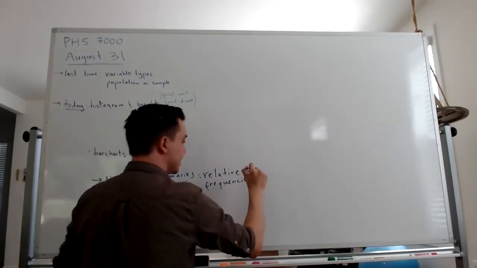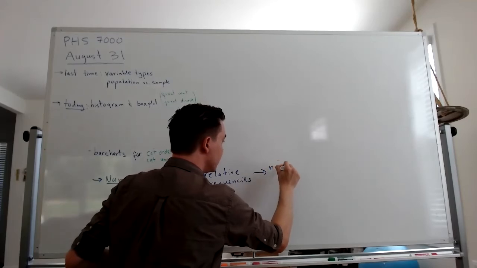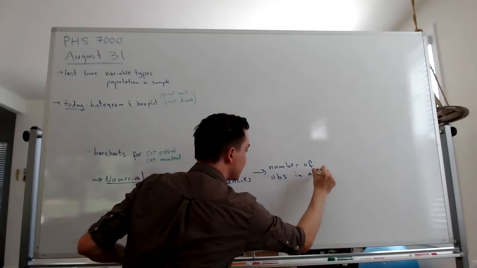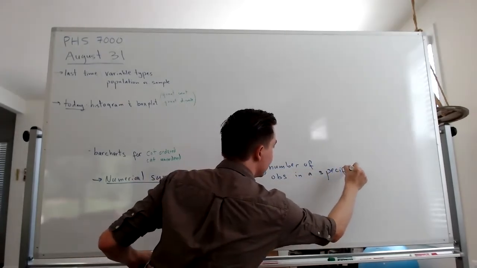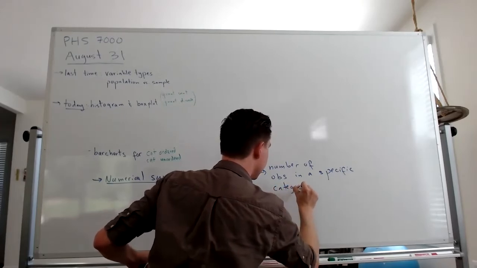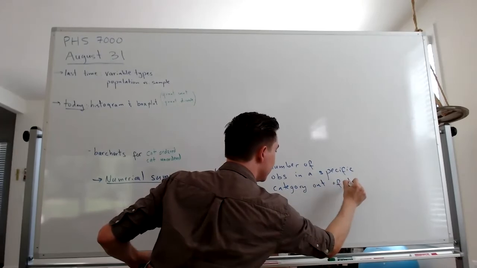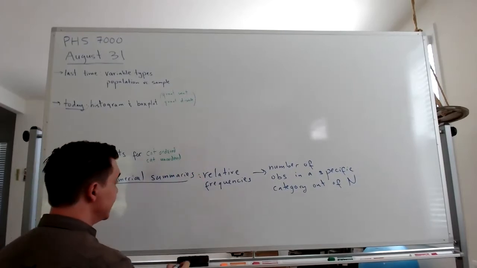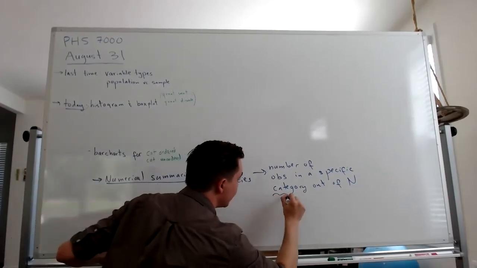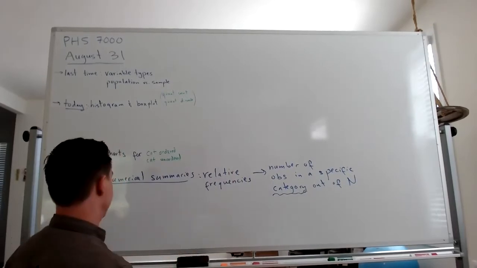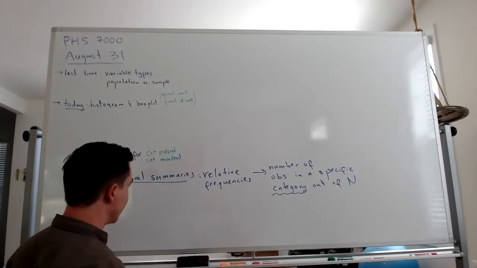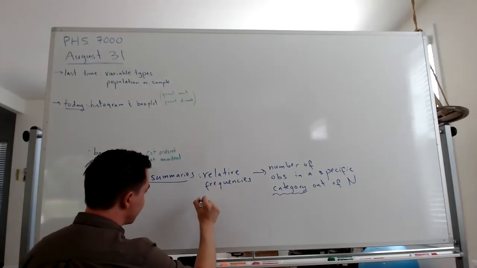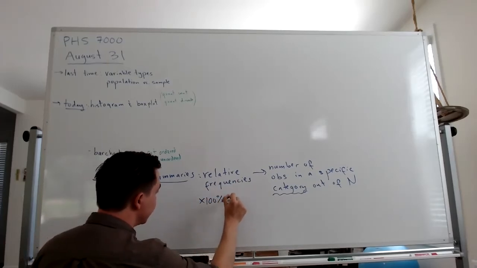What you're recording is the number of observations in a specific category out of n, which is our sample size. And that is true for both ordered and unordered data. The only thing that changes, of course, is whether these categories can be meaningfully ordered between ordered and unordered, or nominal, data. And then you are basically plotting these relative frequencies. And you can multiply by 100% to get percentages if you'd like.